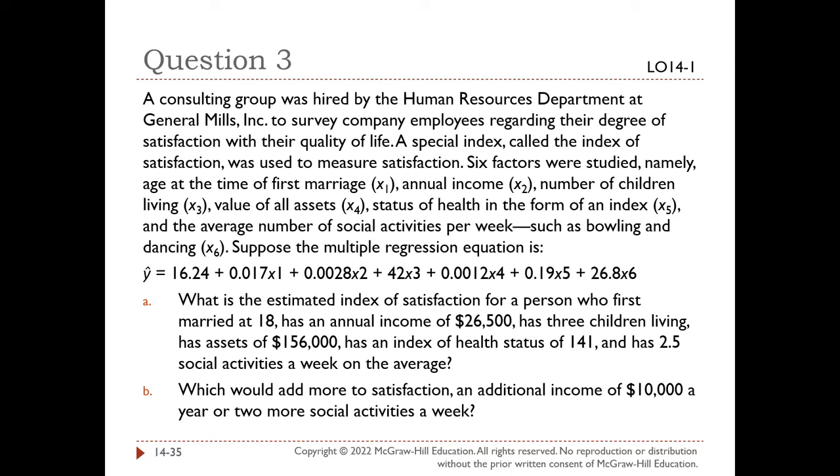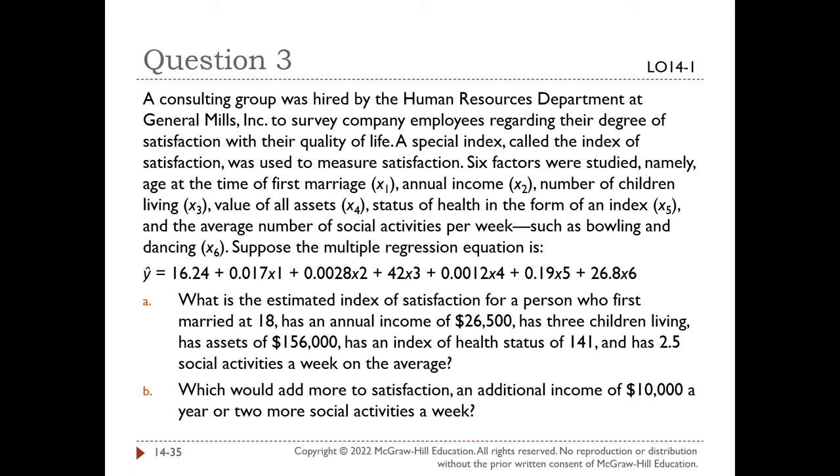A special index called the Index of Satisfaction was used to measure satisfaction. 6 factors were studied, namely age at the time of the first marriage, annual income, number of children living, value of all assets, the status of health in the form of an index, and the average number of social activities per week, such as bowling and dancing.